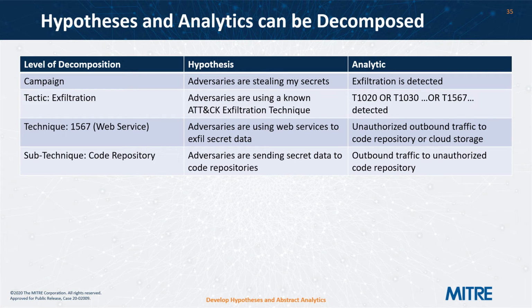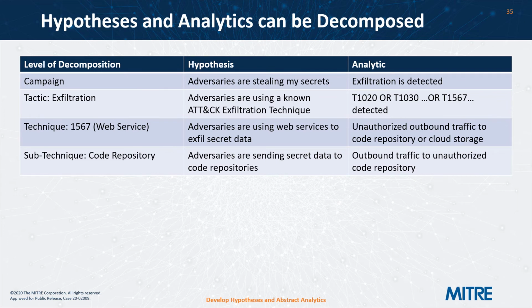So for example, at the level of an adversary's campaign, our hypothesis might be that an adversary is trying to steal my secret information. And I might decompose that to several more specific hypotheses, such as that they will use a known exfiltration technique. Or more specifically, a component hypothesis within that might be that the adversary will use a specific exfiltration technique like web service.